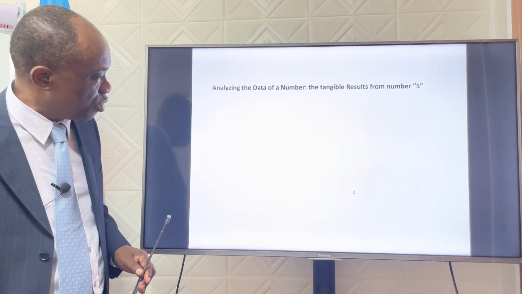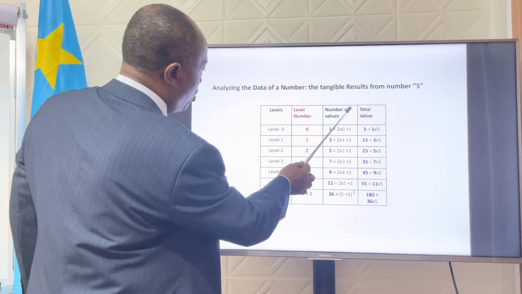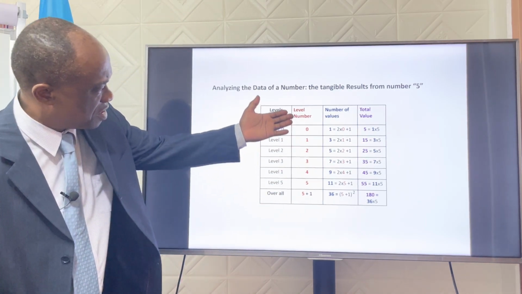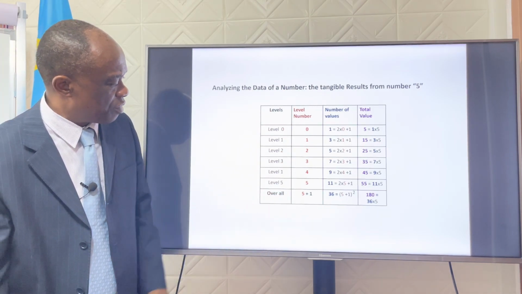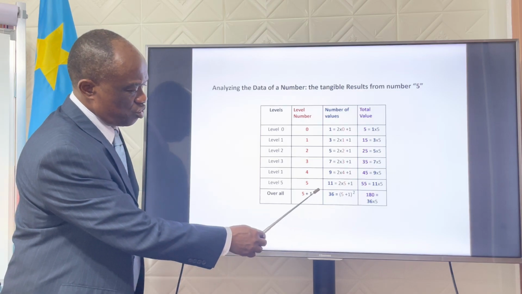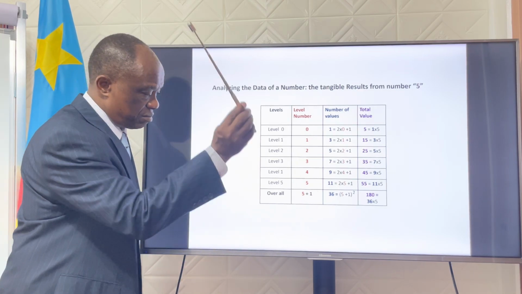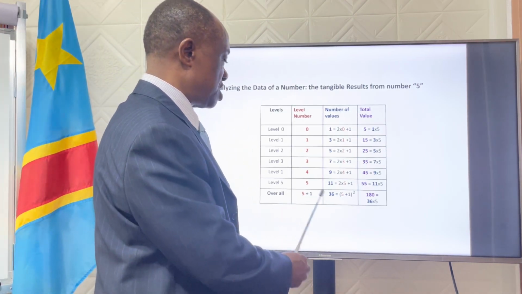So let's go back to the analysis. This is the number of levels. Overall, you have 5 plus 1 levels. That's 6 levels.